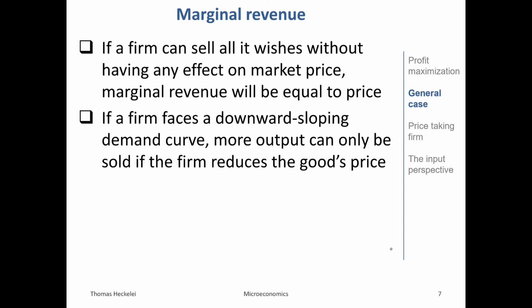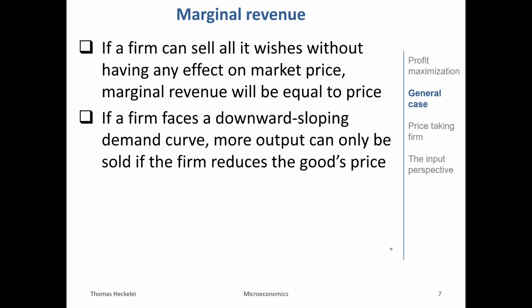So it can sell all the output that it wishes, as many as possible, without having any effect on market price. So in this case, market price is constant. Then the marginal revenue will be equal to price.